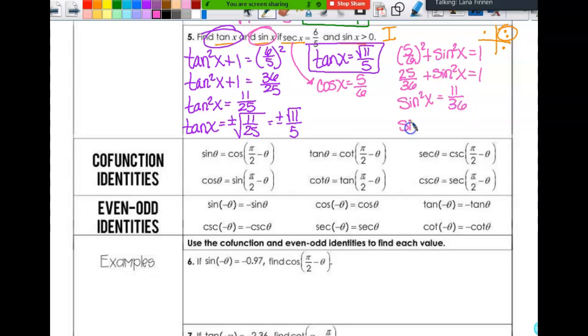So that means that the sine of x equals plus or minus the square root of 11/36, which is plus or minus the square root of 11 over 6. Since we are in quadrant 1, everything is positive, so the sine of x is equal to the square root of 11 over 6. Okay. What questions do you have? Anything?